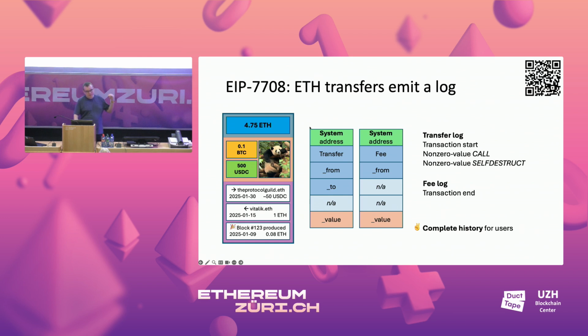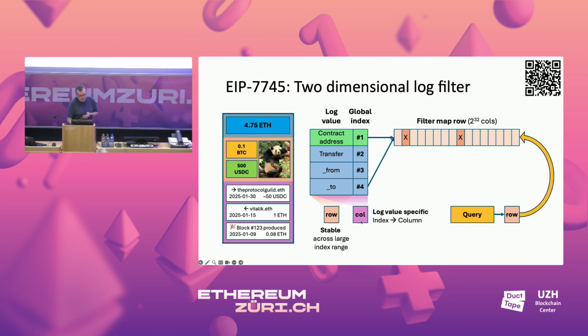This one means that whenever there is an incoming ETH transfer, then your wallet is here in this 2 address, right? And because it now emits a log, we can use this, the filtering mechanism from before. Like you just query for your own address, and here your address is still part of this map, right?